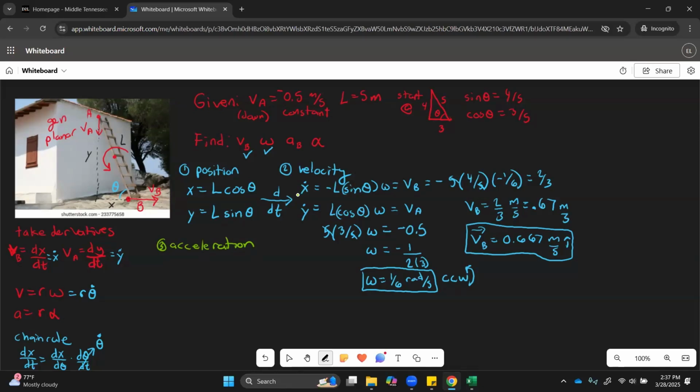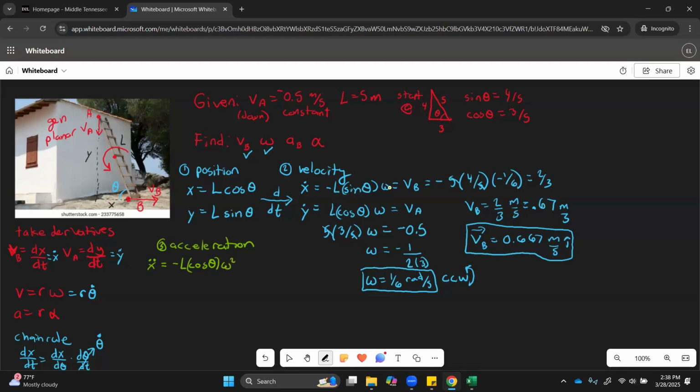So to take the derivative of the x dot equation, we're going to get x double dot. To do product rule, the first thing that changes is the theta. So the derivative of sine theta is cosine theta. So we'll say negative L cosine theta. And then because of chain rule, a theta dot pops out, but we know theta dot is omega. There was already an omega there, so now it's going to be omega squared.